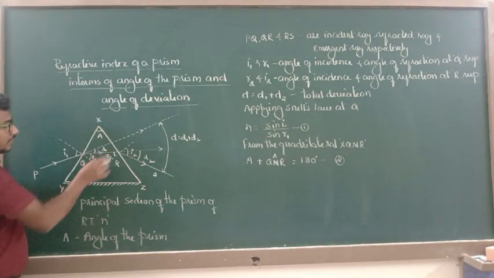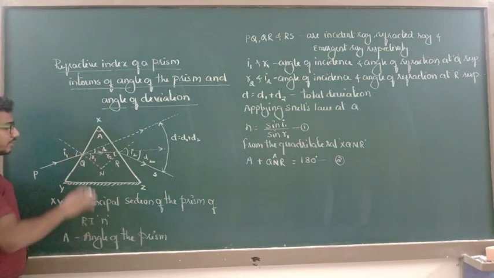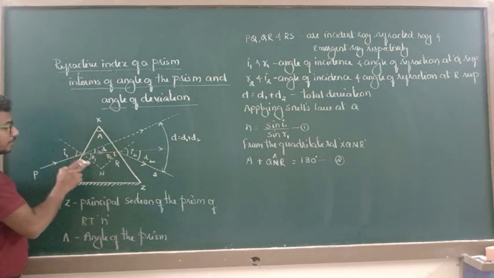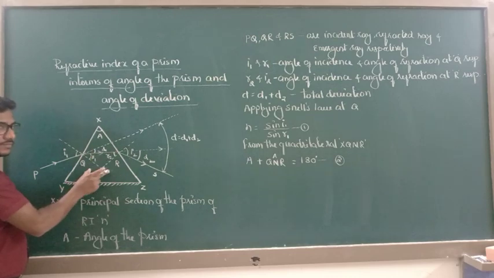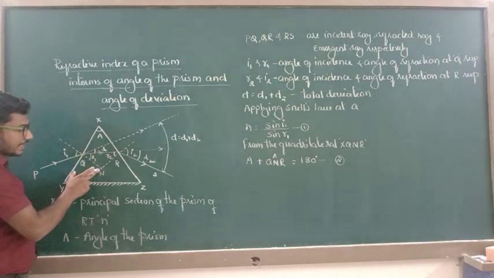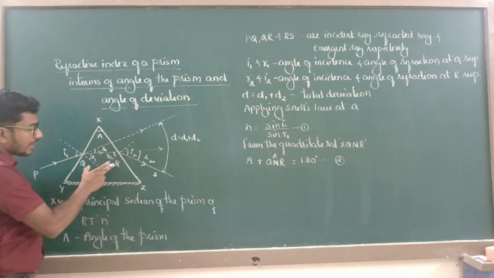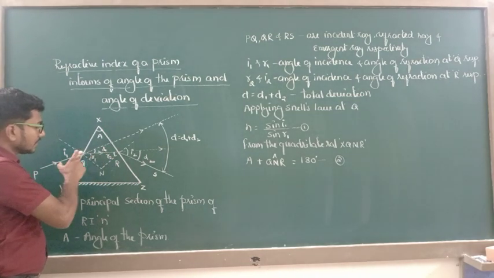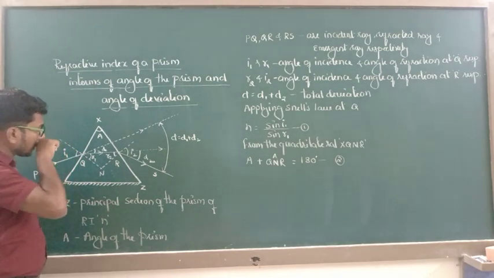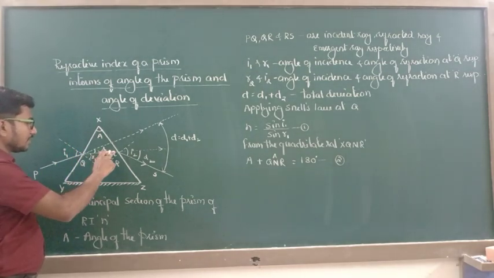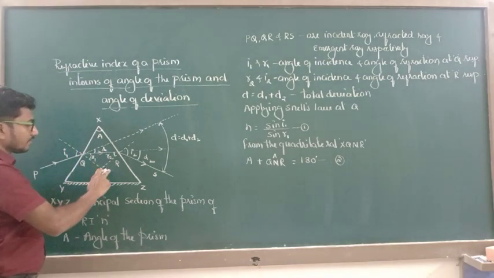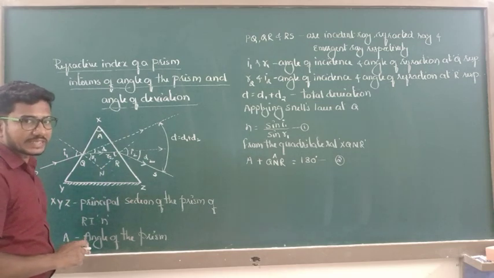Now from the triangle QNR, just observe, after producing these two normals they meet at this point, and hence we get the triangle QNR. In this triangle, we know that the sum of the three angles is equal to 180 degrees.